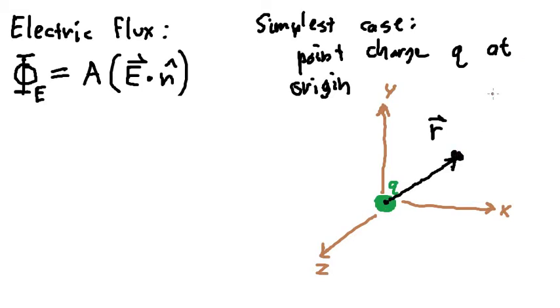For example, let's say this is X, this is Y, and this is Z, okay? And I want to talk about a specific point here, which is R, or you could even say there's a position vector leading out to this point from the origin, okay? And then I want to find what the electric field here is.